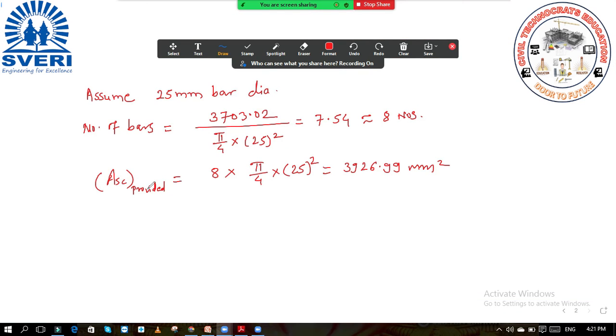This which you provided, this is your longitudinal reinforcement. You have provided 8 bars. So here I can write provide 8 bars of 25 mm diameter as longitudinal reinforcement. Longitudinal means along the length.